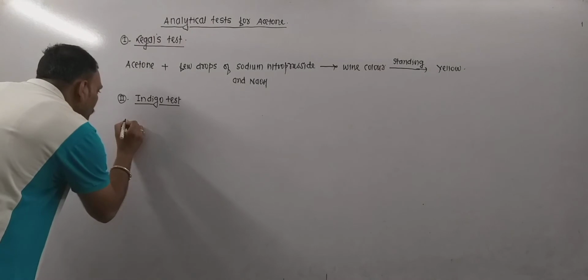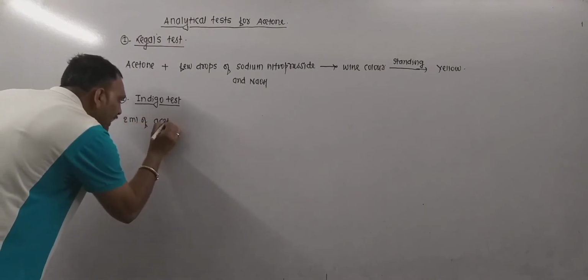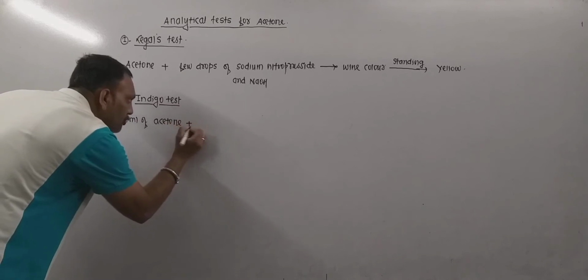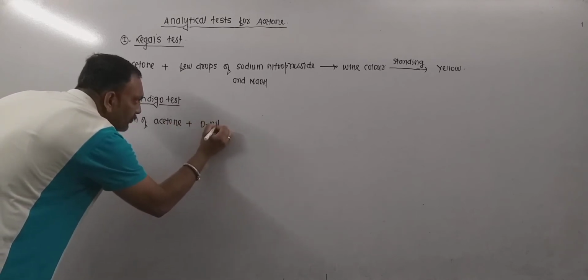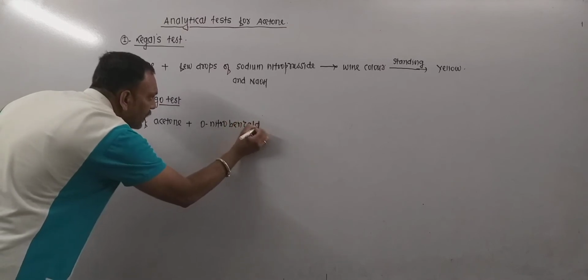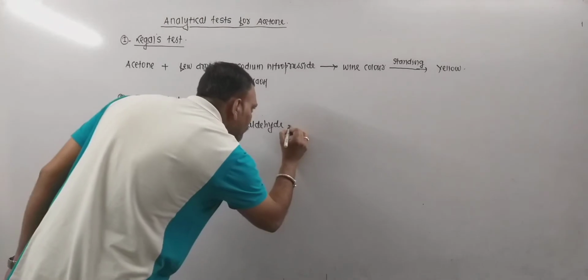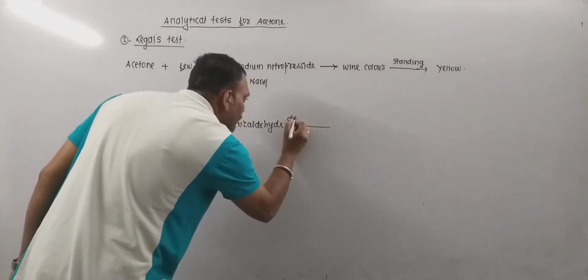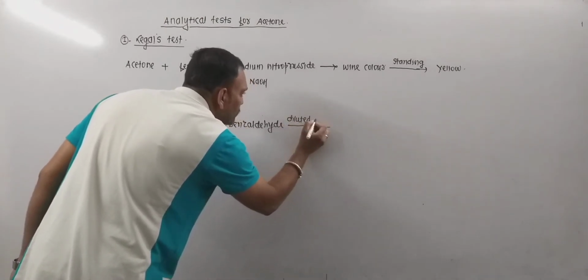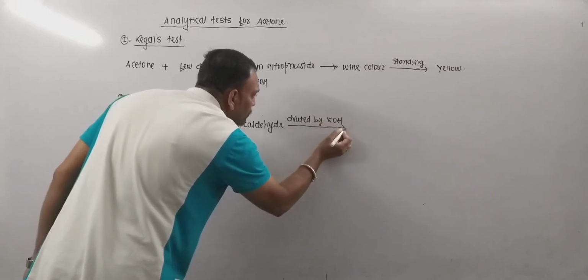So what we need to do is take 2 ml of acetone and to this add orthonitrophenoldiol. Now this mixture is to be diluted by using KOH solution.